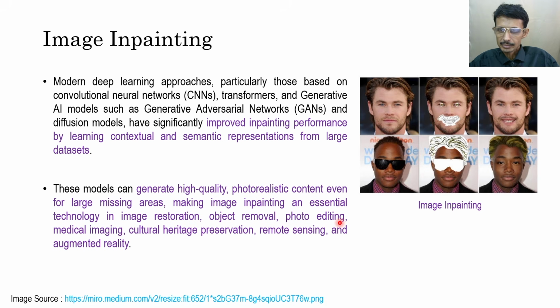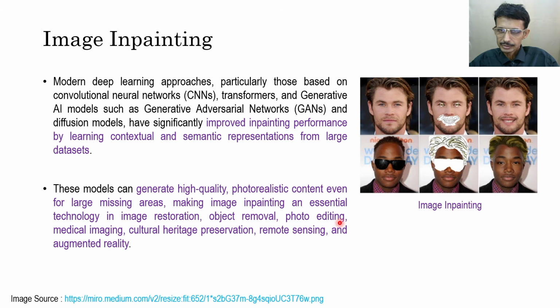Here are some examples of image inpainting. There is some problem with these images. Modern deep learning approaches, particularly those based on CNNs, transformers, and generative AI models such as generative adversarial networks and diffusion models, have significantly improved inpainting performance by learning contextual and semantic representations from large datasets.